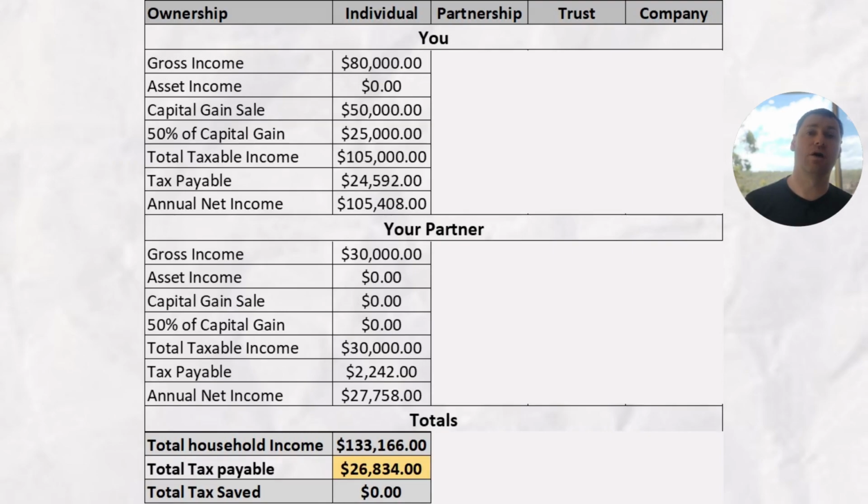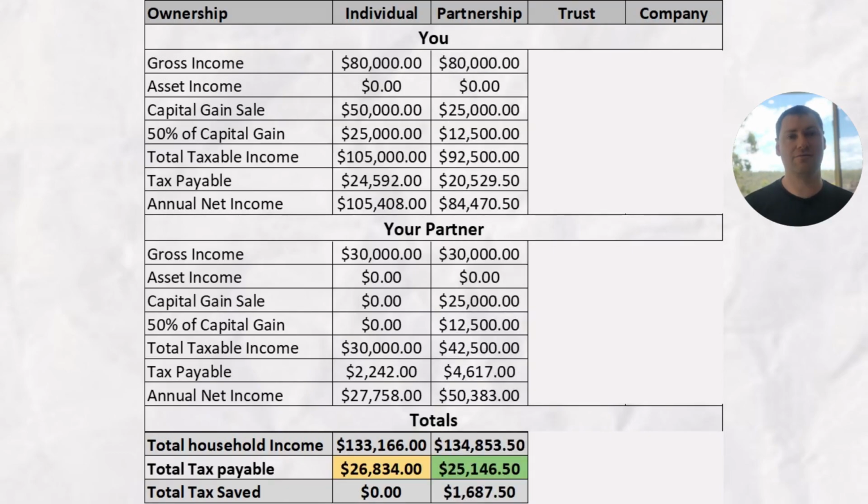That means that you would only pay tax on half of the profit that you made from the sale, therefore paying tax on $25,000. You can see that it adds into your individual tax statement. Your gross taxable income has increased from $80,000 to $105,000, increasing your tax payable amount to $24,592. And your total household income is now $133,166.